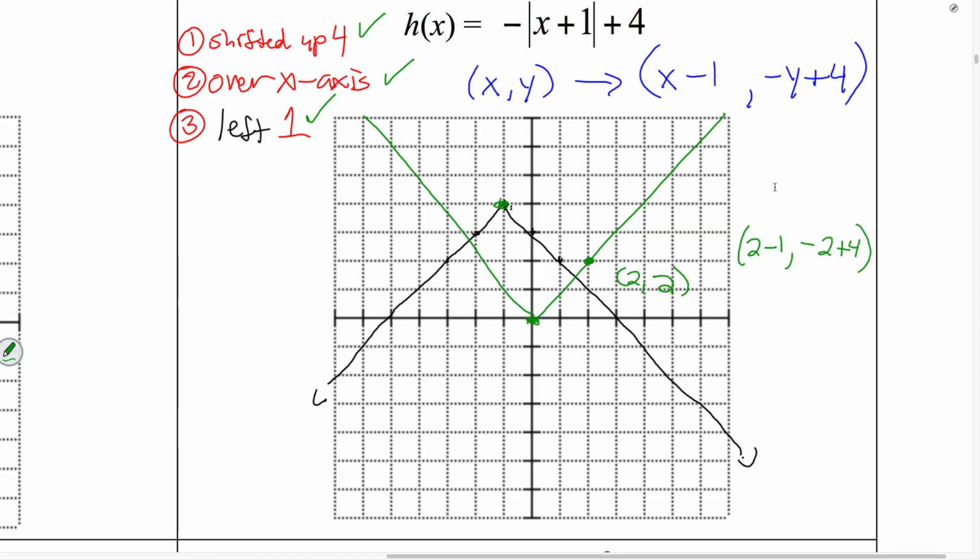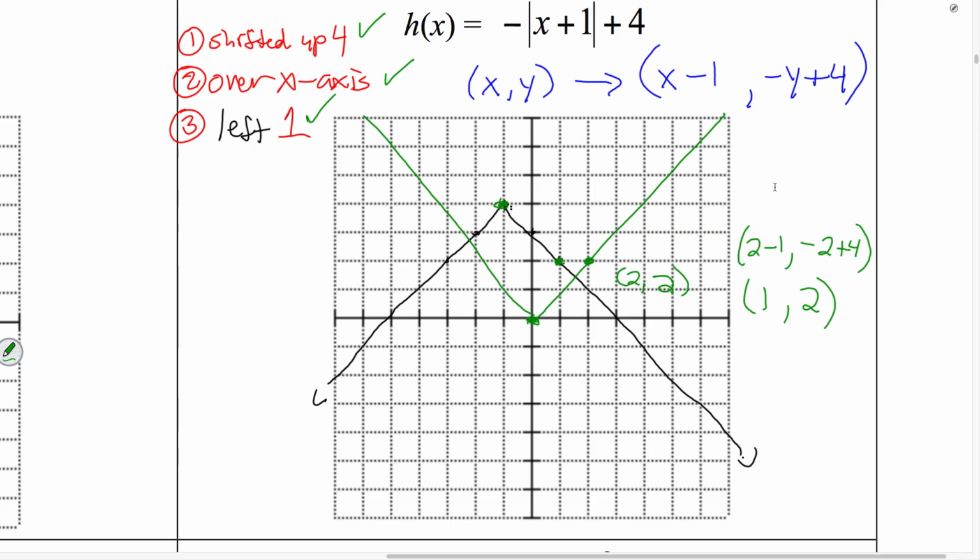So I'm plugging in 2, 2. Let's find out if this works. What's 2 minus 1? 1, comma, 2. Was there a point at 1, 2? Yes. One is luck, right? Let's try it twice. How about 0, 0?